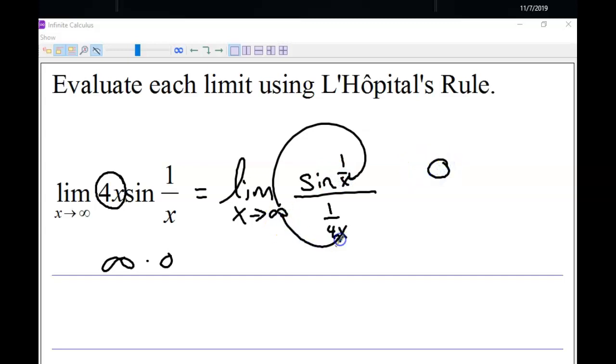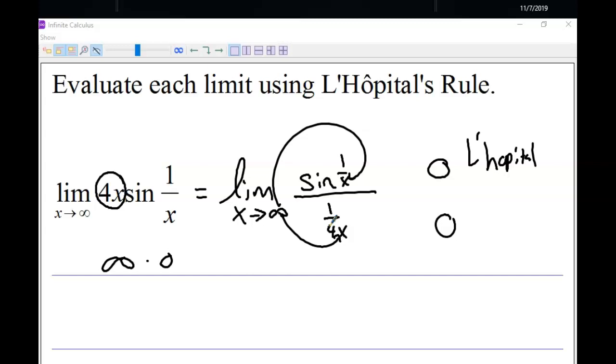If I plug in infinity here, I get 1 over infinity, which is also 0. And now we've got L'Hopital. So as you guys can see, that little trick I just employed allows me to apply L'Hopital's rule. Okay? So now we get to do some more fun stuff.